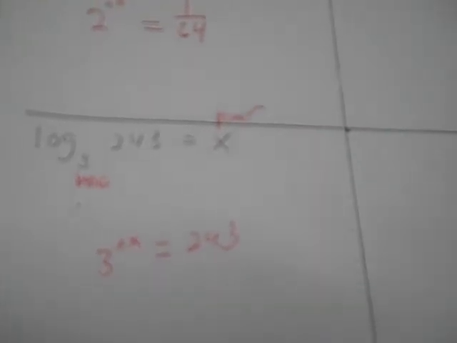Okay, now the next one, base, power. So we have 3 to the x power equals 243. You need to rewrite the equation into a simpler, more coherent form. Okay. 3, not enough. There's 2.